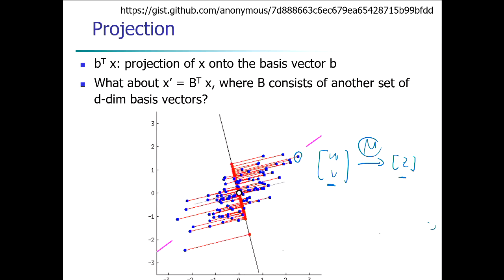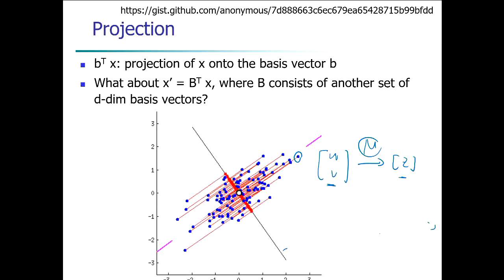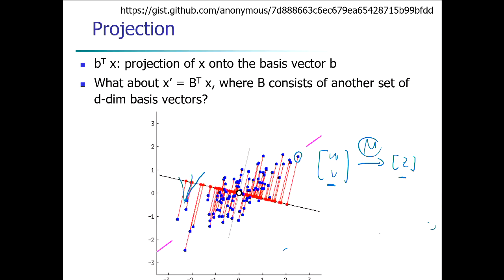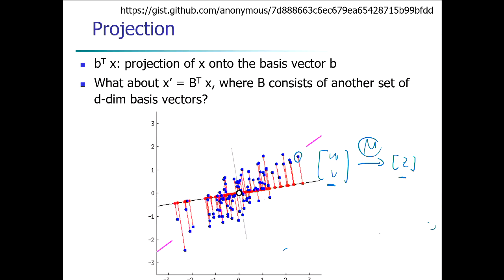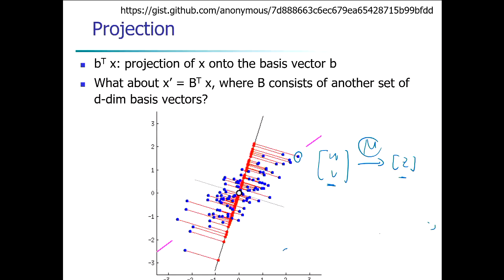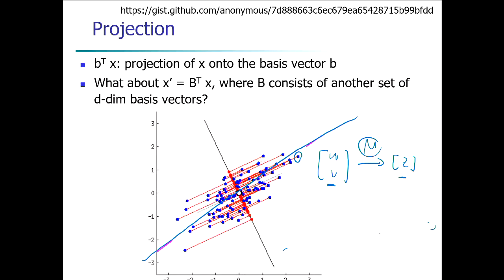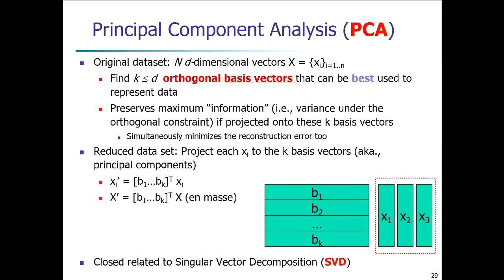You can see that each one, for example, this one projects to here. You can see the points they projected. So the PCA will give you the best projection direction, such that the two conditions are satisfied simultaneously.